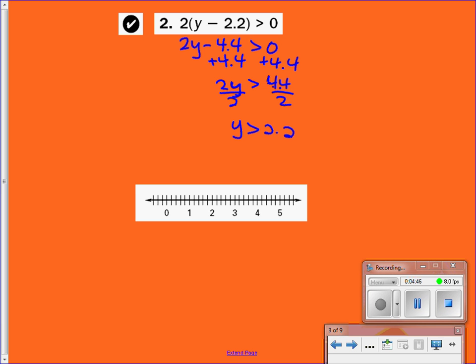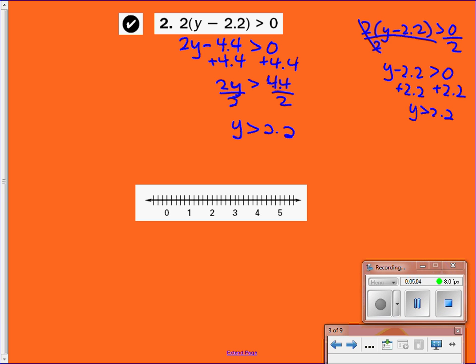Hey, back to 2.2. You could do that, or right off the bat, divide by 2, and that gets rid of that. I'm dividing by a positive, that's why I didn't flip my sign at all. Notice we come up with the exact same answer. It doesn't matter which way you solve this, so long as you show me how you did solve it.